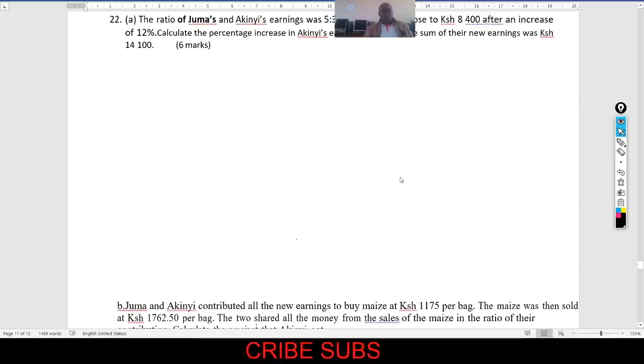Question number 22 is on profits and losses. We are told that the ratio of Juma's and Akinyi's earnings was 5:3. Then we are told that Juma's earning rose to 8,400 after an increase of 12%. So we need to know Juma's original earning.